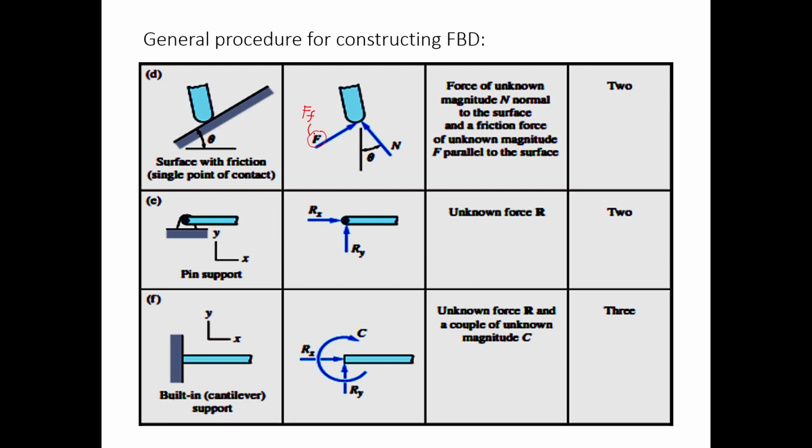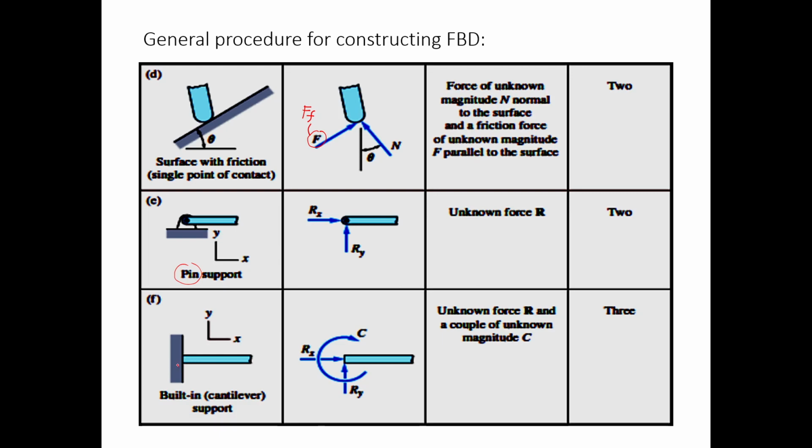That's the frictional force. If you have a pin support or a hinge, you have two forces acting on your pin support. That's why you have Rx and Ry: reaction in the X direction and reaction in the Y direction. Then for a cantilever, you have three.